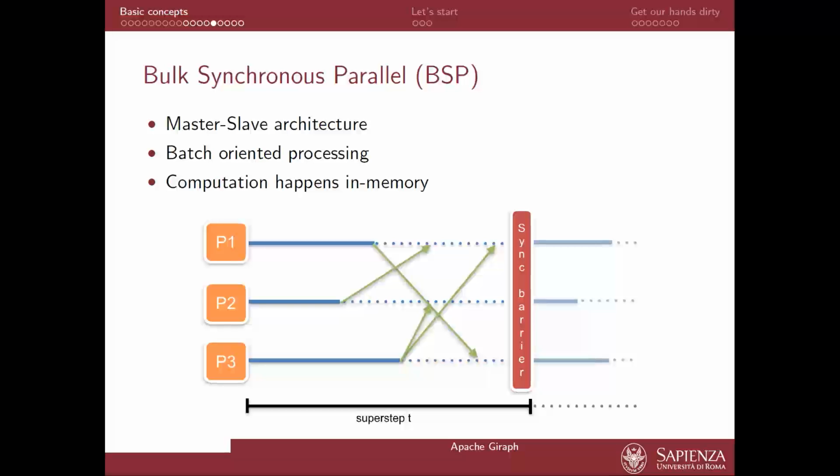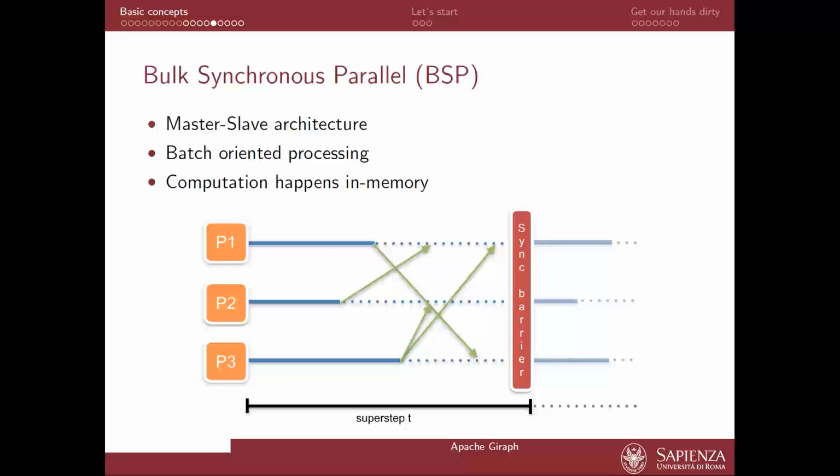It's a master-slave architecture and simply works in this way. Each worker computes the partial solution based on the partition of the dataset that it keeps. Then once the partial solution is reached, it spreads the solution to the network. Then it waits at the synchronizing barrier.